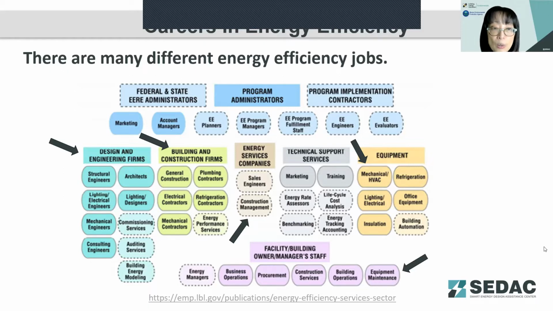The jobs with solid outlines have existed for a long time, but have become more energy efficiency focused, such as engineers, architects, and electrical contractors. This chart emphasizes that energy efficiency jobs cover a wide range of industries, skills, employers, and sectors.